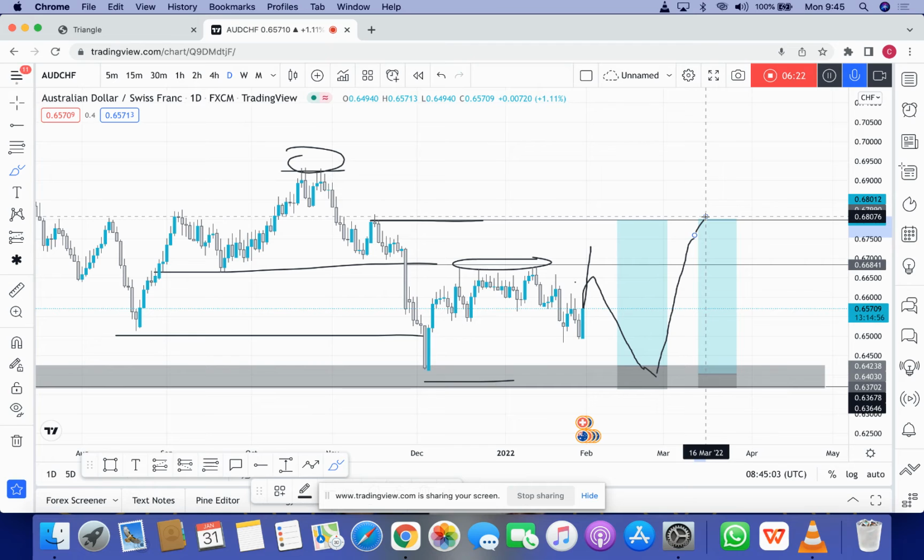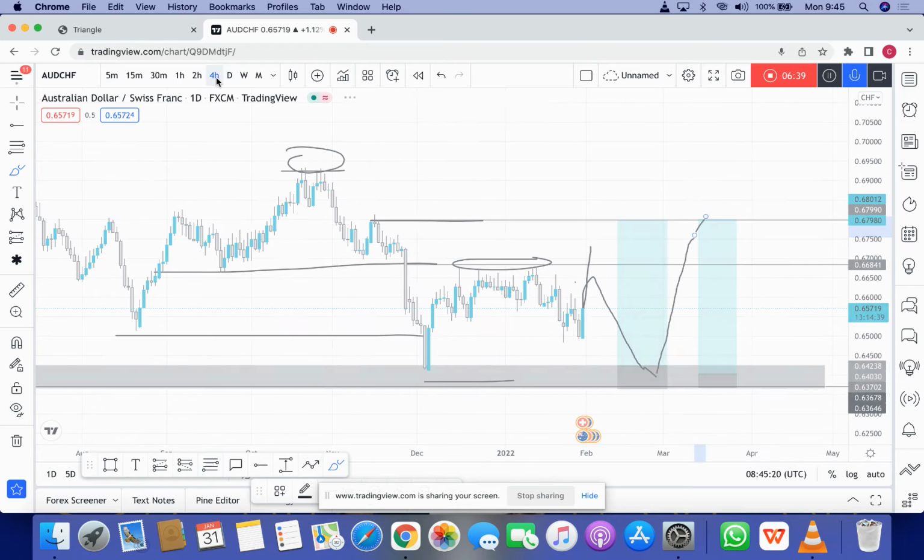That is the position we're looking at on this time frame. But that doesn't mean that we cannot spot sell opportunities.